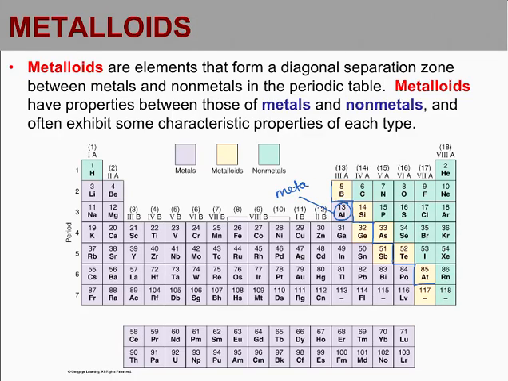Aluminum is a metal, as well as polonium. But every other element along that diagonal line is a metalloid.